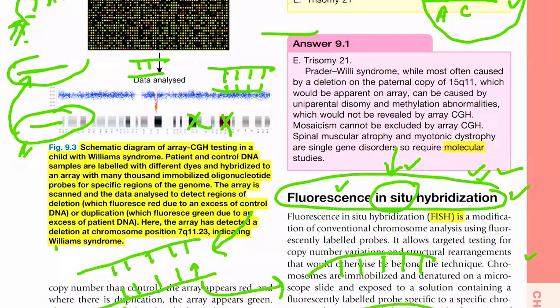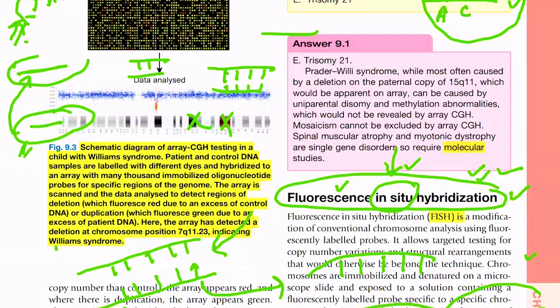Now, I have made a fluorescent probe or fluorescent strand by myself. This was the patient strand. I have made a strand by myself that is complementary to chromosome number 22. Okay. Now, I allow it to hybridize with this one. If it gets attached, then I will see the fluorescence at chromosome number 22.